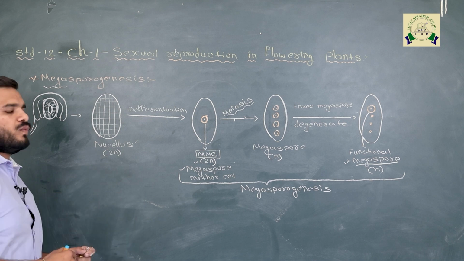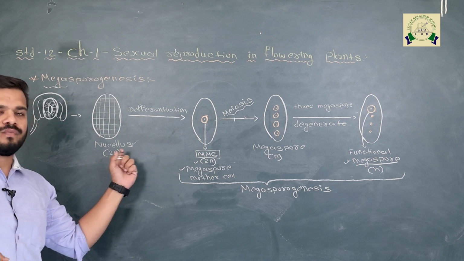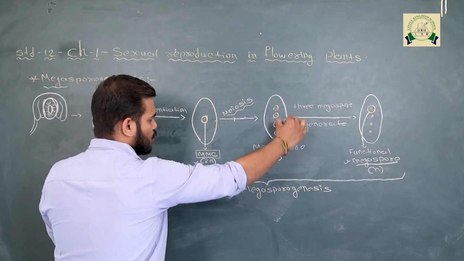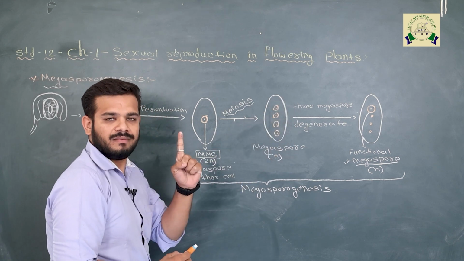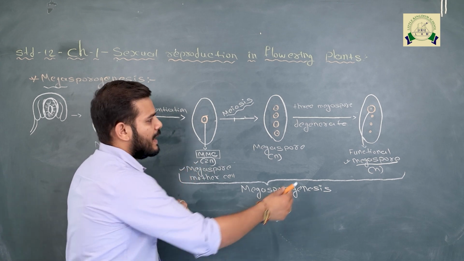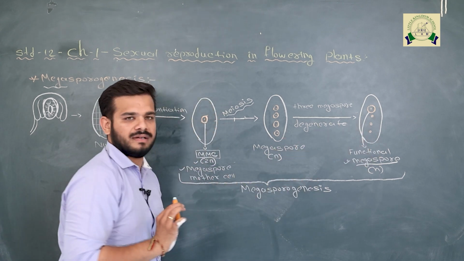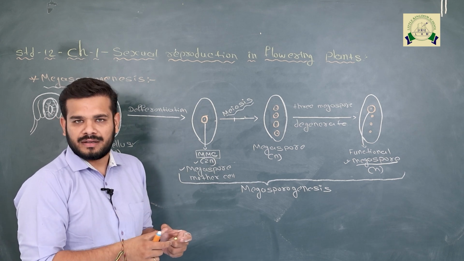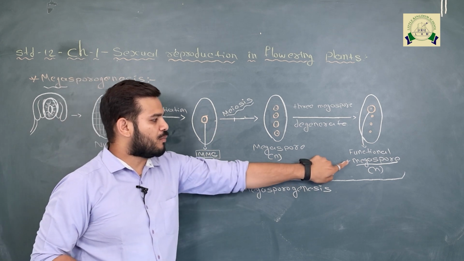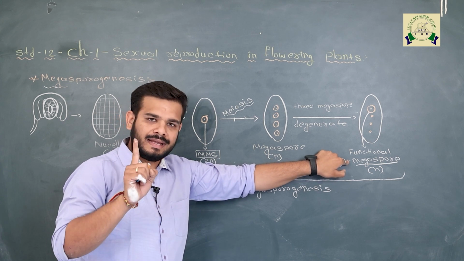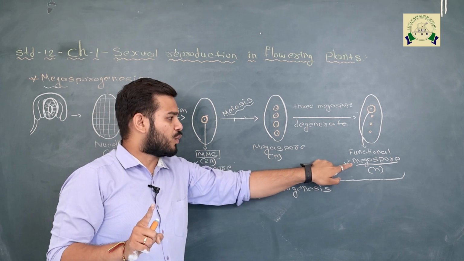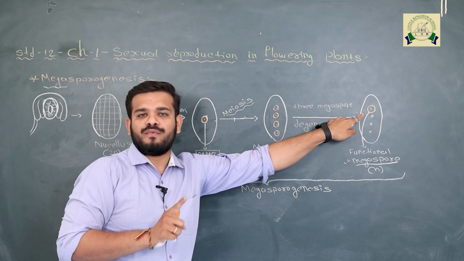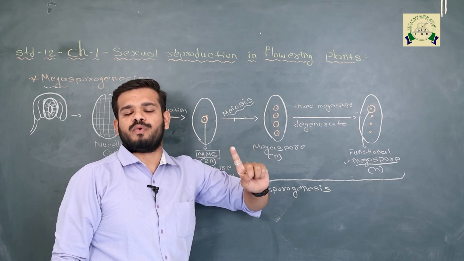Now, if you recall the structure of megasporogenesis, see what happened. Out of 4, only one megaspore remains functional and 3 megaspores are going to degenerate. That means in future the female gamete is going to be produced from this 1 megaspore, and if the female gamete is produced from only 1 megaspore, this type of development is called monosporic development.